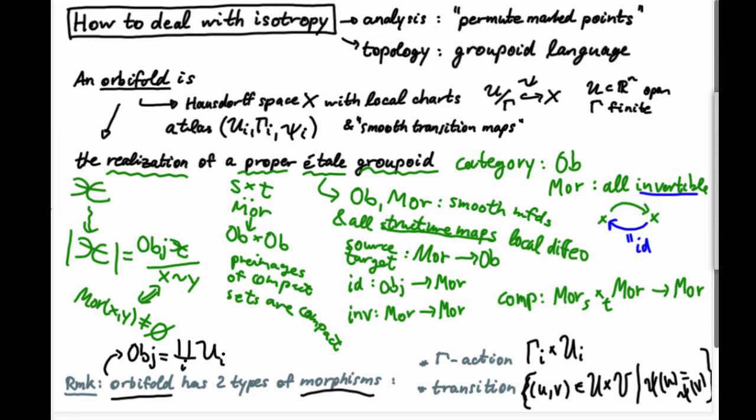Roughly speaking, because if you wanted to go back, you'd have to take your proper étale groupoid and find which morphisms are group actions and which morphisms are transition maps. So I think the equivalence between these two categories is not entirely trivial. But it is an equivalence, I believe so.